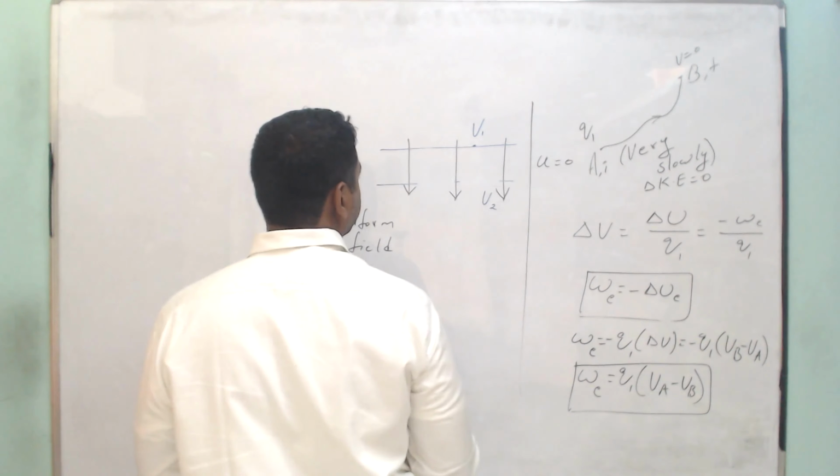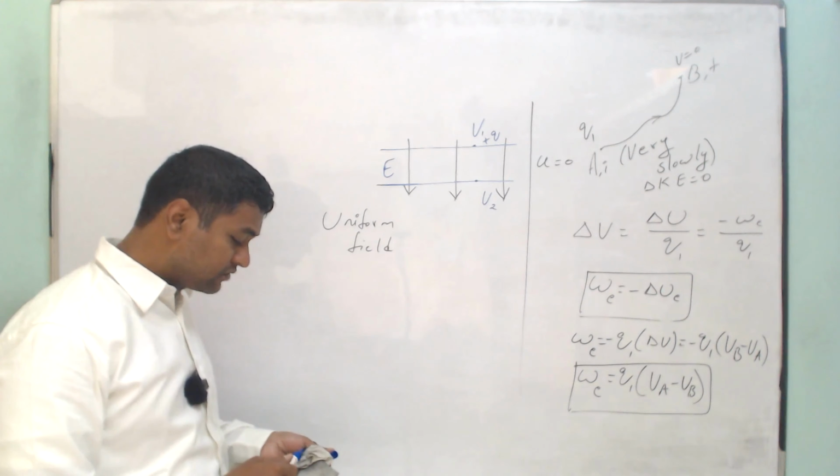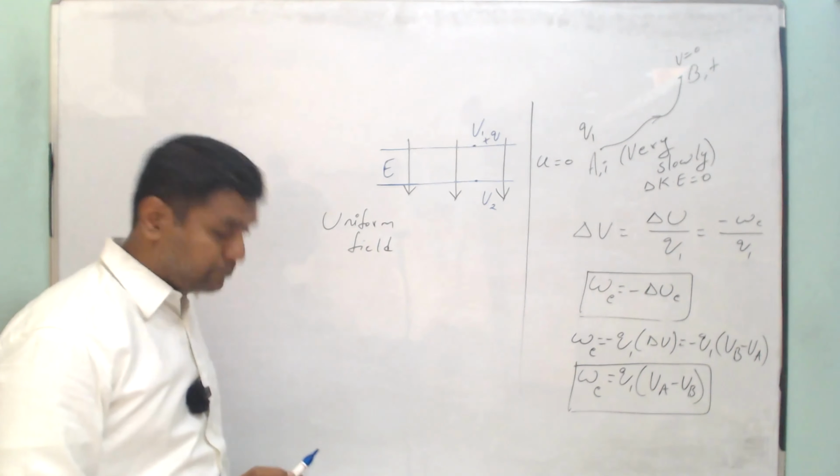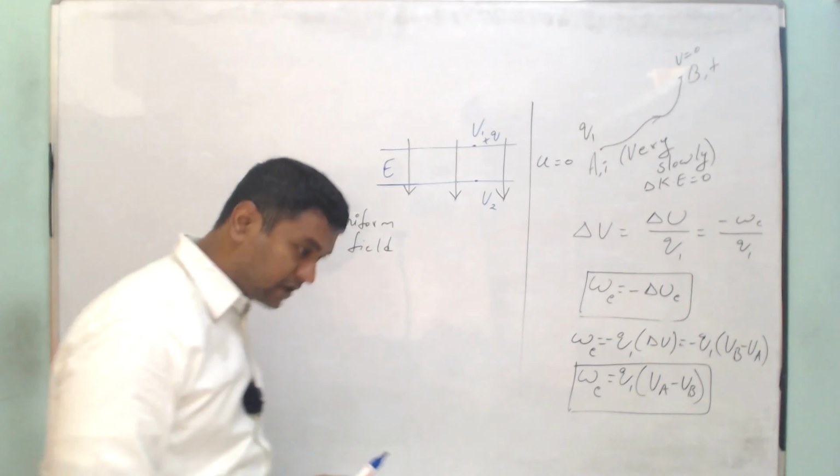We said a uniform electric field exists in the vertically downward direction, so it should fall down. In place of a point mass m, if this is a gravitational field in the downward direction, should that point mass fall down or go up?